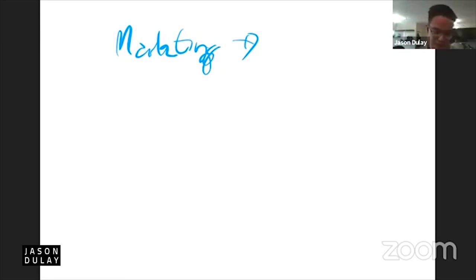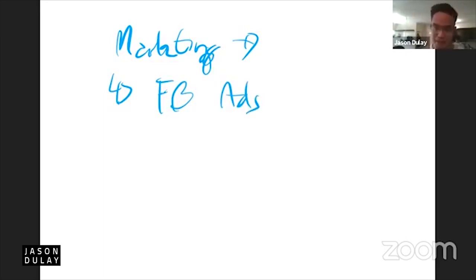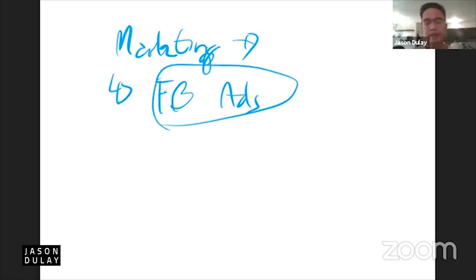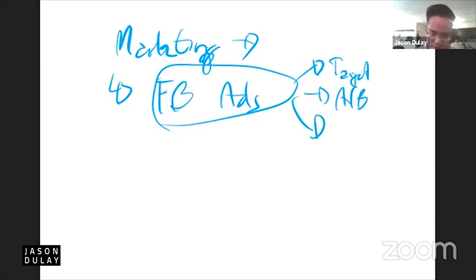Okay. So we're talking about marketing. We have Facebook ads. If you want to start in social media marketing, the best place to start is really learning about Facebook ads. You'll learn about targeting. You learn about target markets. You learn about A/B testing. You learn about things like CPM and CPC. You'll learn about conversions.